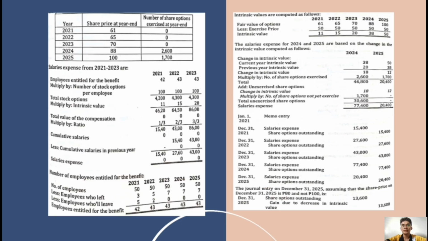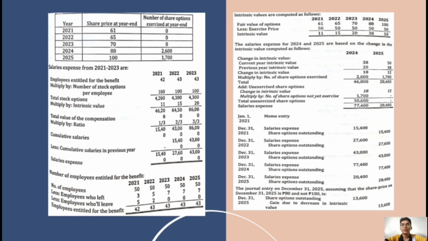Let's proceed to the journal entries for stock option expenses. The accounting entries recognize salary expense and share options outstanding each year. So we must copy the memo entry; since there is no value, we still journal it. On January 1, 2021, memo entry, no value.